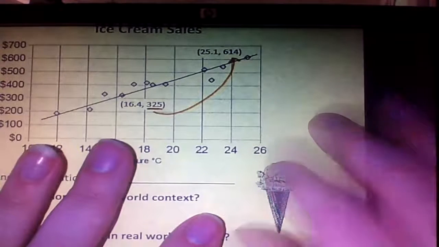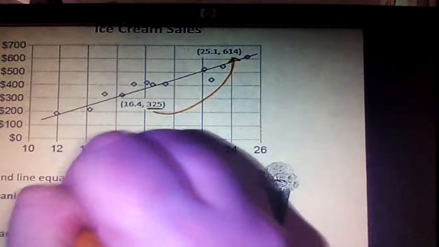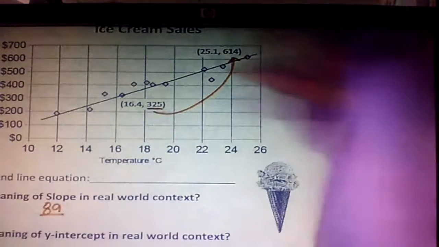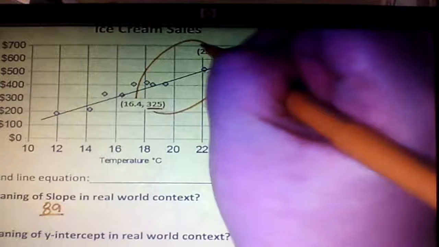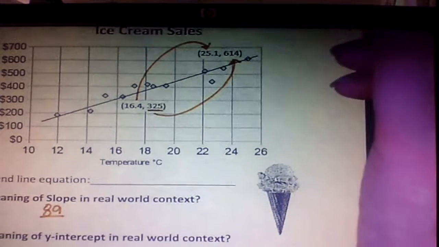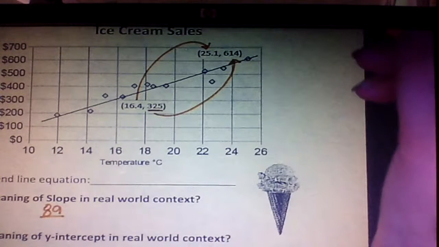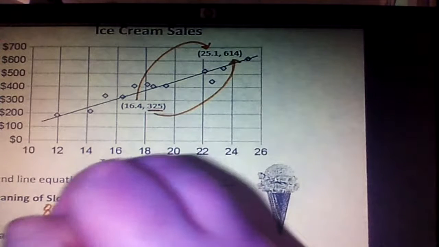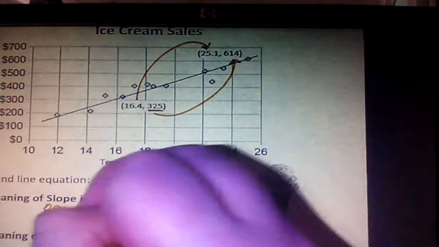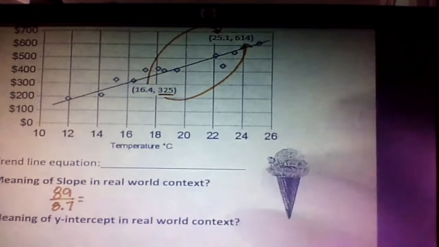You may need your calculator on your phone to do this one. You said 89. Okay, 89 divided by my change in x. I'm going from 16.4 to 25.1. You said 8.7. So what do we get when we take 89 divided by 8.7? 10.2.